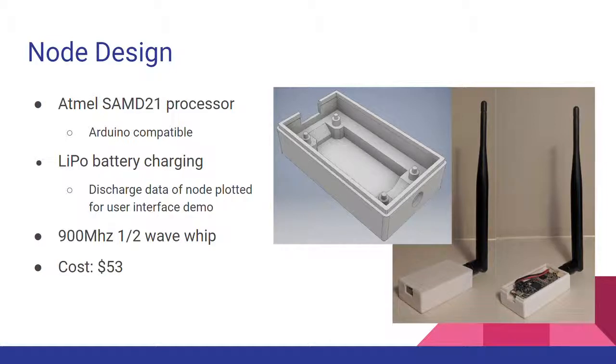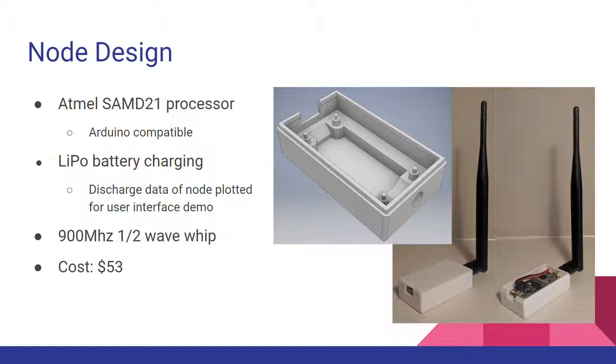And I've also purchased a 900 megahertz half-wave whip antenna from Adafruit that plugs in to a micro UFL connector on the bottom of the board and then onto an SMA connector for the half-wave whip antenna. And it's pretty straightforward. I didn't even actually add any external circuitry. I just programmed this. It's Arduino compatible. It's really a great board.